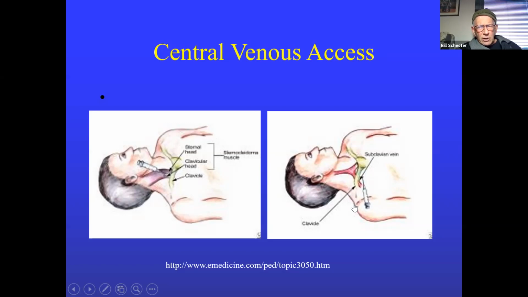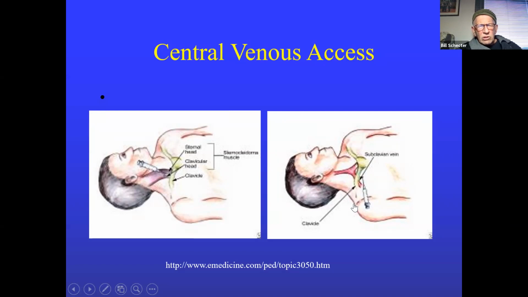If you get into the carotid artery, it's not that big a deal. You can just hold pressure. Whereas if you get into the subclavian artery, it's very difficult to tamponade. And I have seen a couple of patients exsanguinate from inadvertent injury to the subclavian artery during subclavian catheterization. So just be aware of that.